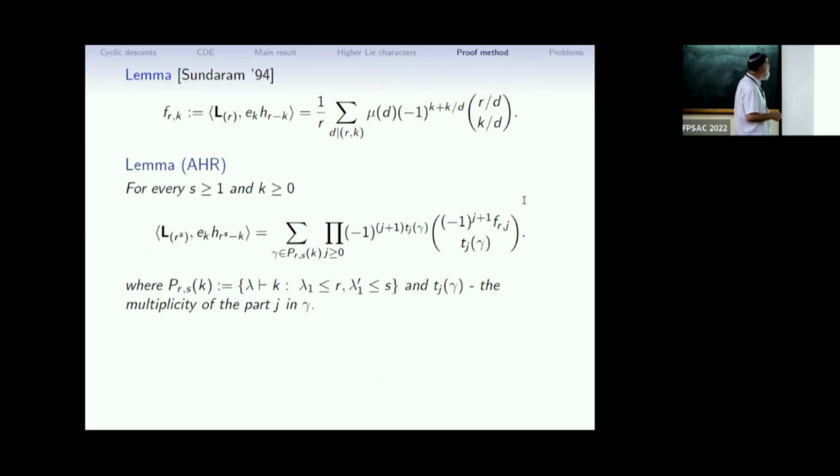and not just Sundaram, he gave a very beautiful formula for the multiplicity of two consequent hooks in the Lie character, which is the n-cycle. Now if we wanted to do it for R to the S, this becomes much more complicated.